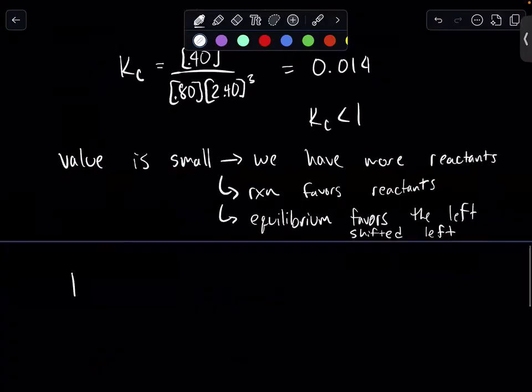So the really big thing to understand about our equilibrium constant is that it just describes our products over reactants.